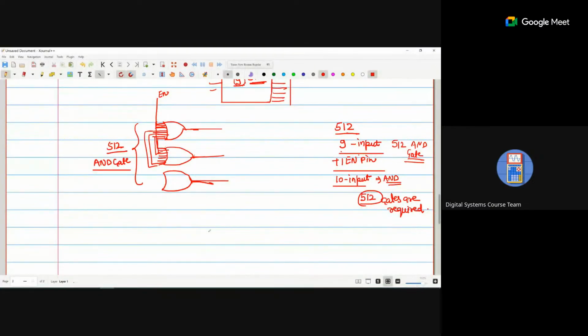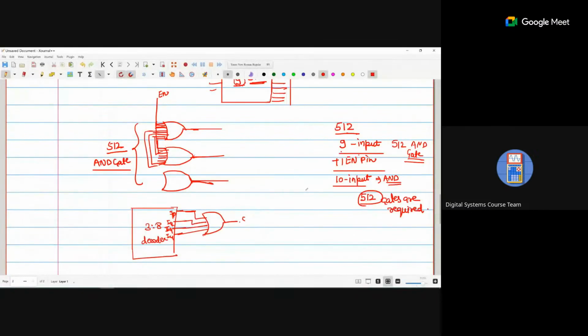So if we use a 3 cross 8 decoder, for 1, 2, 4, 7, we require 4 inputs, all connected with the OR gate. Okay, so we can implement S.